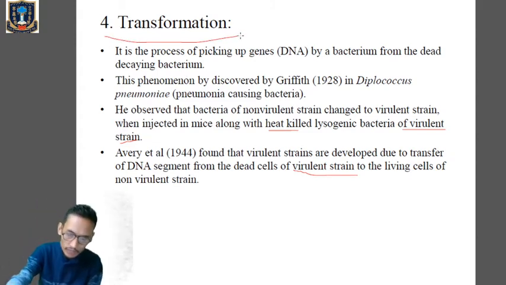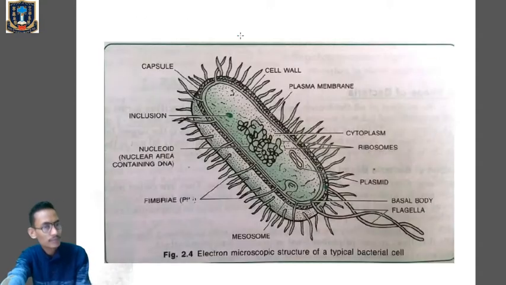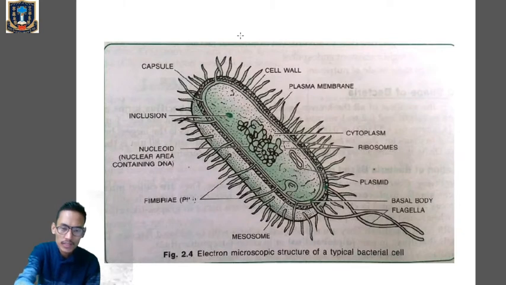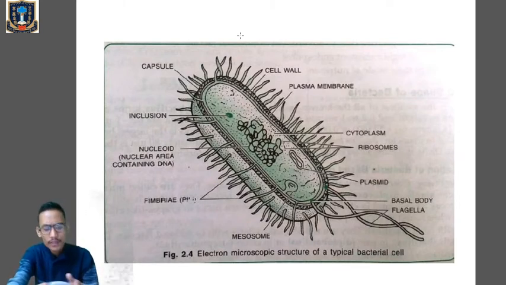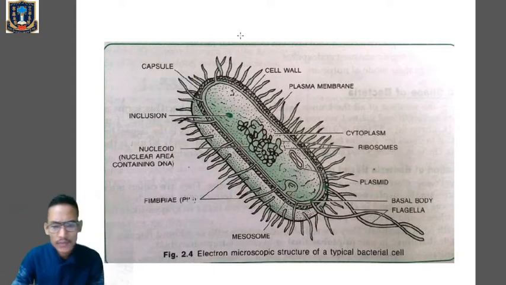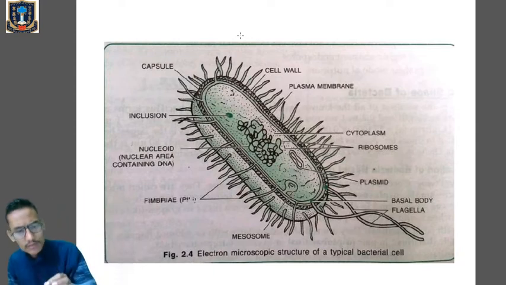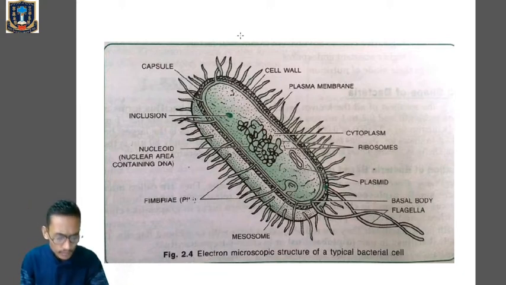Clear? So we have finished the types of reproduction in case of bacteria. Now let's go back into the structures of our typical bacterial cells. Before going into the differences between the gram-positive and the gram-negative bacteria, we'll first try to look at the structure of a bacterial cell.